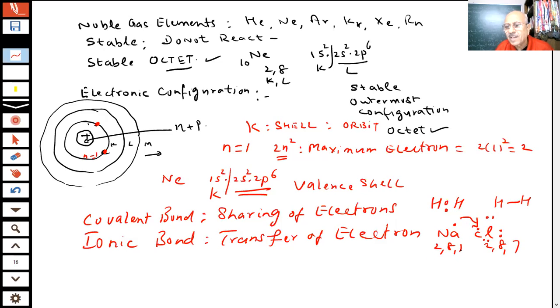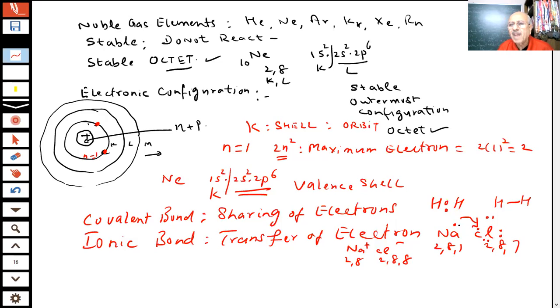After this electron is lost, sodium becomes 2,8. So it becomes 2,8, this is plus, and Cl will gain one electron. It will become minus, and 2,8,7 plus 1 is 8. So here there is a transfer of electrons to form an ionic bond. Here there is a sharing of electrons. Why are they doing it?